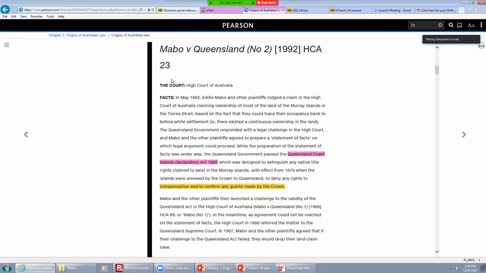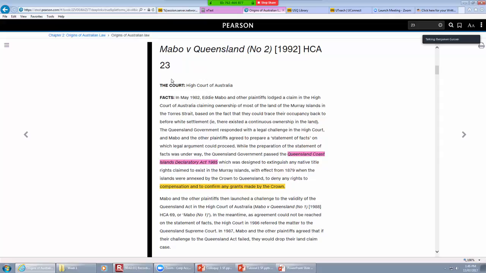And how are you going to challenge it? See, you can't just go to court and say, I challenge it because I don't like it, because I think I have ownership rights. You have to use a legal theory. What is the legal theory that they have used? Well, they said, this act contravenes, or violates, our Constitution.